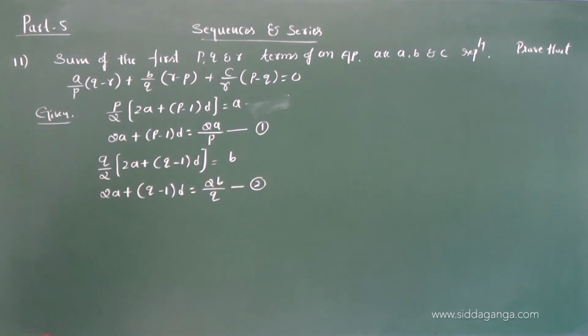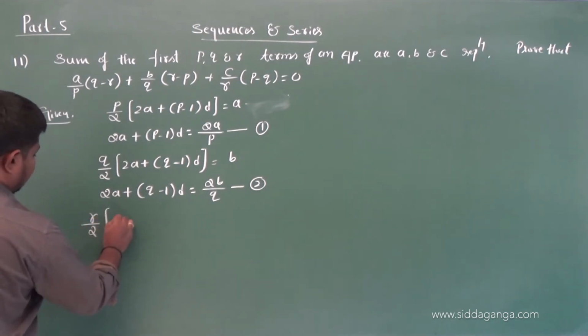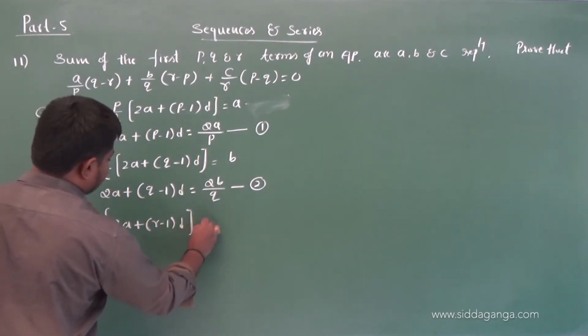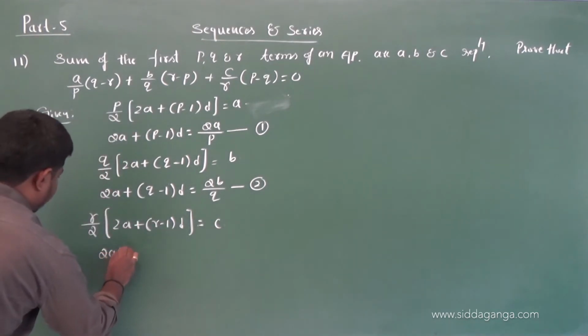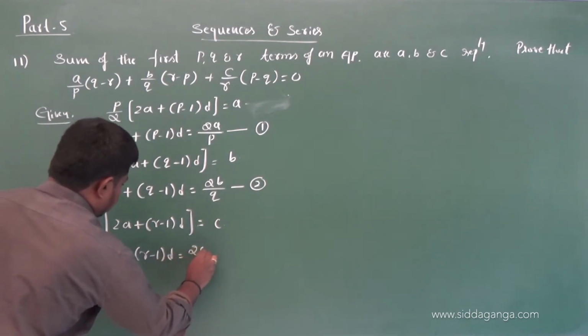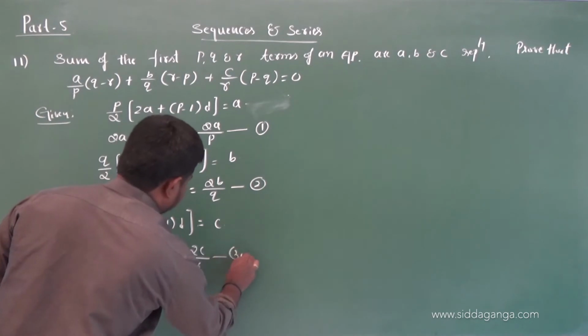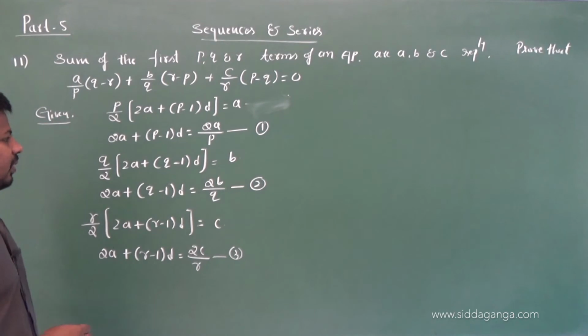The third thing, the sum of the first R terms: R by 2 into (2a plus (R minus 1) into d) is equal to C. Or this is the same as 2a plus (R minus 1) into d is equal to 2C by R. This is equation 3. Very simple, students, just solve equations 1 and 2 and you get the answer.